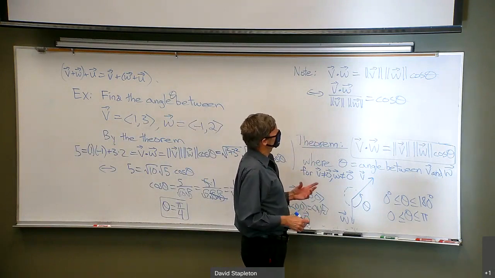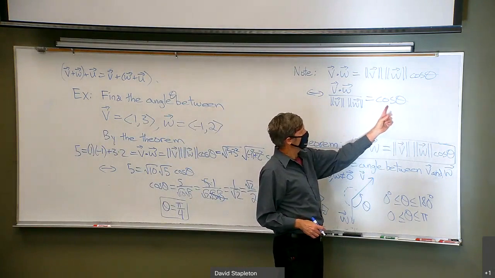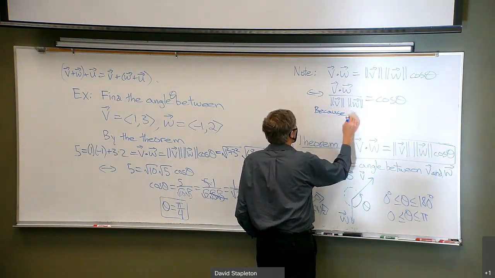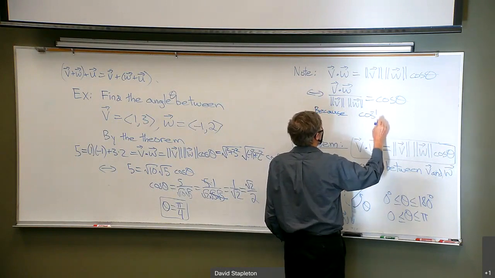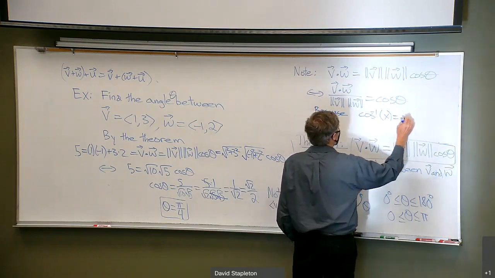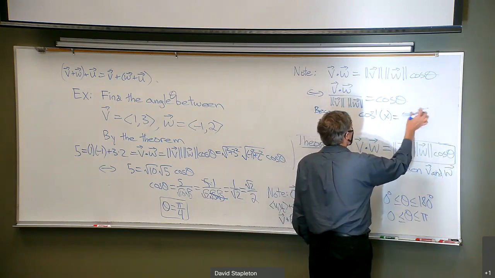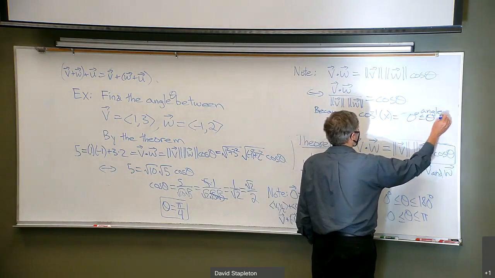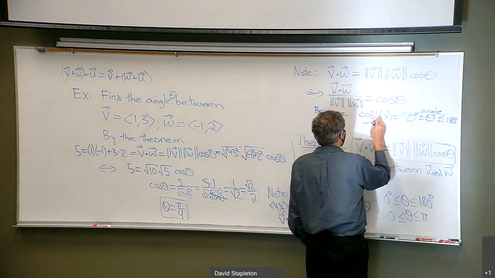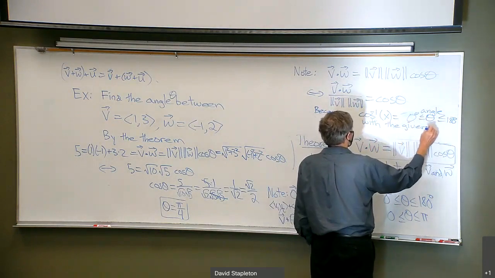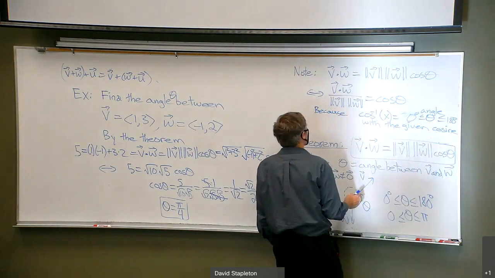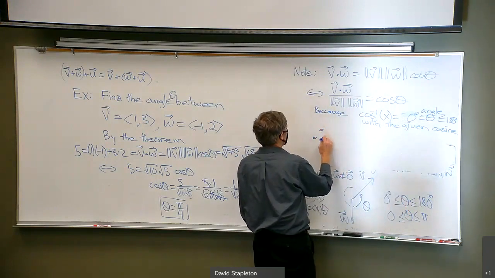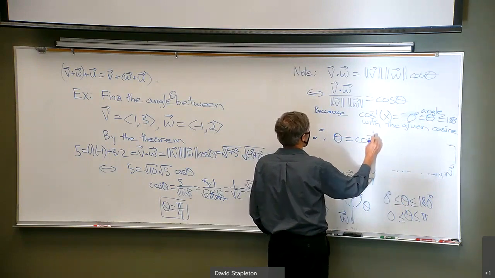But now, because the arc cosine is the unique angle between 0 degrees and 180 degrees with the given cosine, only one of these, we can then write as the next step, because of this theorem and this fact, therefore, three dots mean therefore in mathematics, theta is actually always the arc cosine of this number.